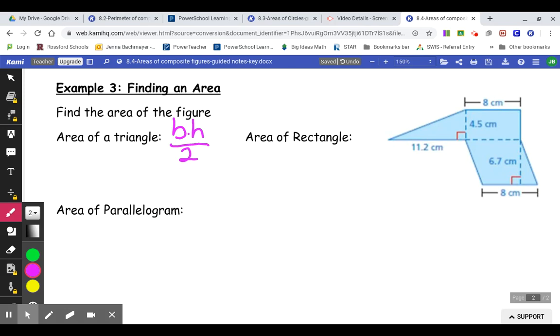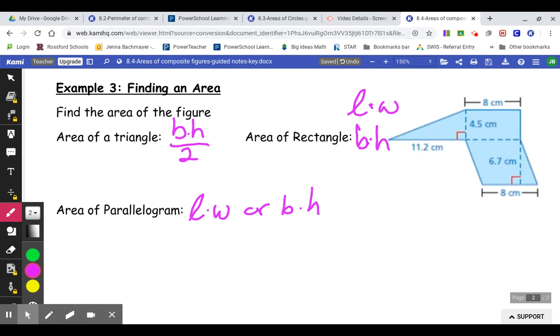Area formula for a rectangle, we can say base times height. Sometimes we may look at that as length times width. Either are fine. And the area of a parallelogram is the same as a rectangle.